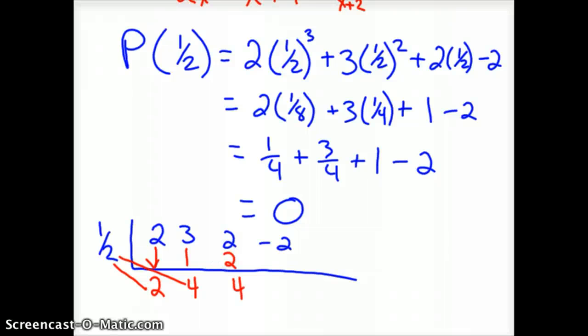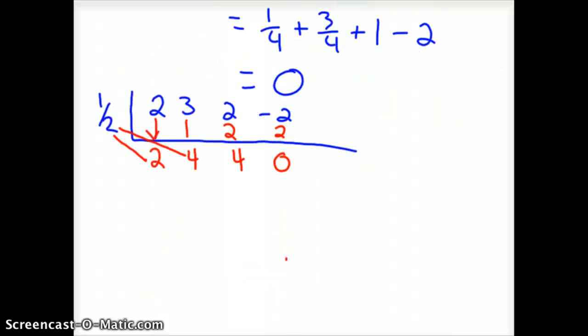Add down is 4. 4 times 1/2 is 2. Negative 2 plus 2 is 0. So I know that when you divide our polynomial p of x by 2x minus 1, you get 2x squared plus 4x plus 4. Okay, and we could keep factoring this now.